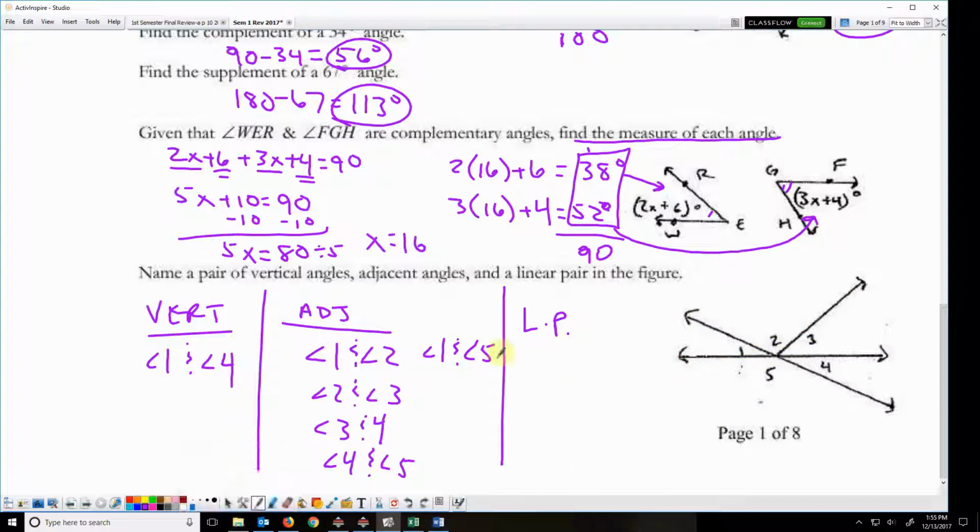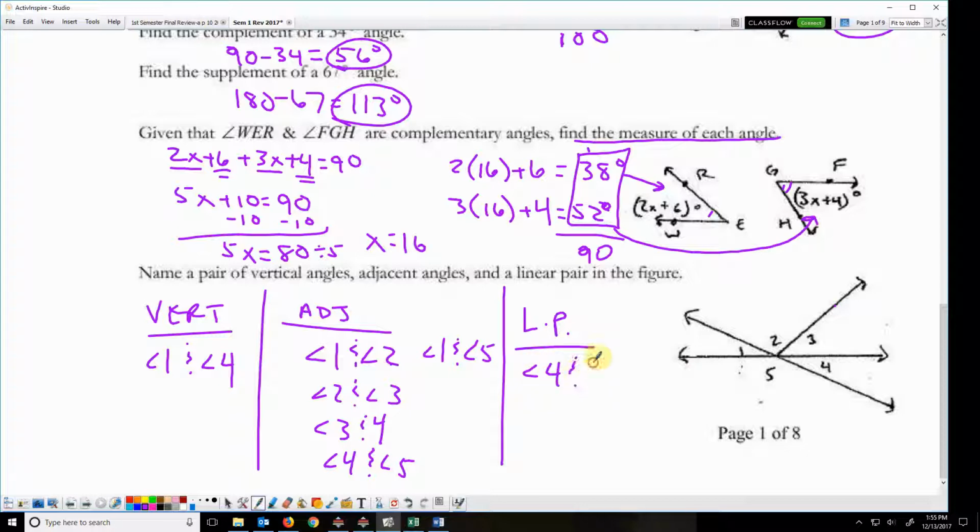A linear pair is adjacent, like all of these, but they also have to make a straight line. So if I look at each pair of adjacent angles, 1 and 2 do not make a straight line. 2 and 3 do not make a straight line. 3 and 4 do not make a straight line. 4 and 5 do.